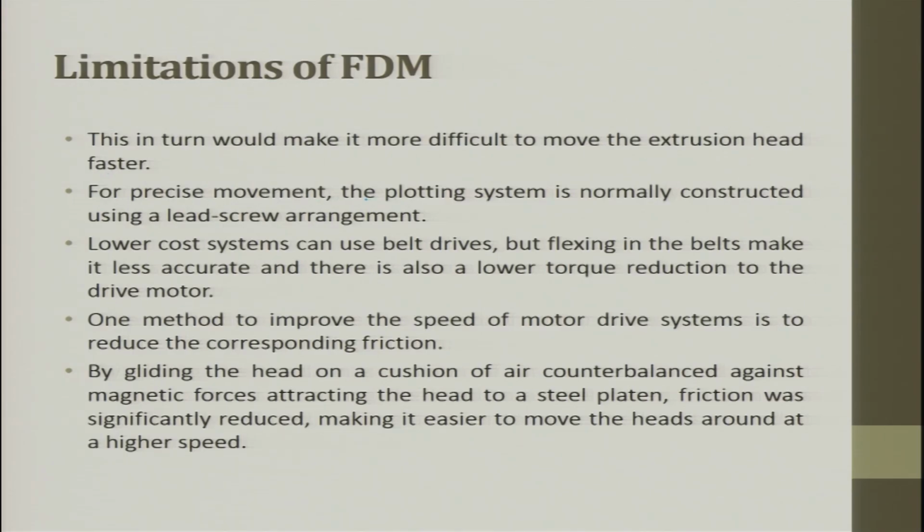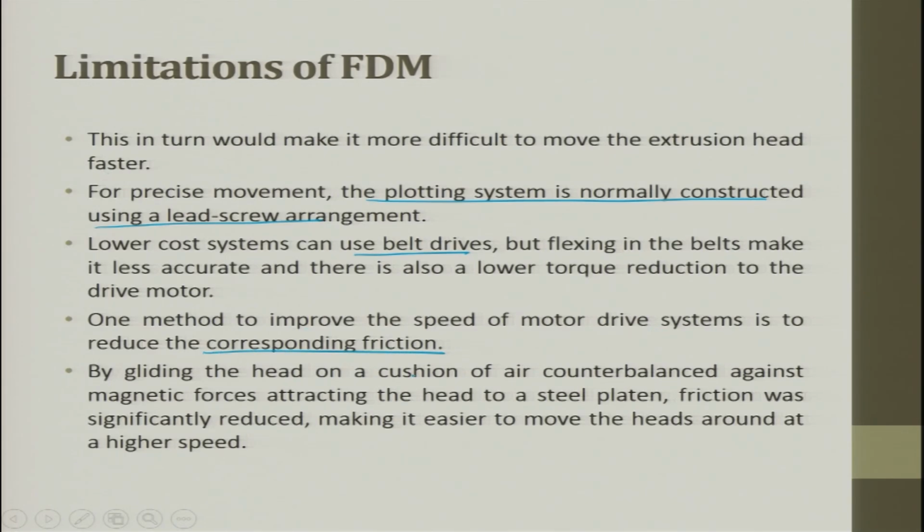For precise movement, the plotting system is normally constructed using lead screw. This is what I told you. The low cost system will always have belt because here the accuracies are not there, but flexing in the belt makes it less accurate and this also gives a lower torque reduction to the drive motor. One method to improve the speed of the motor drive system is to reduce the corresponding friction.